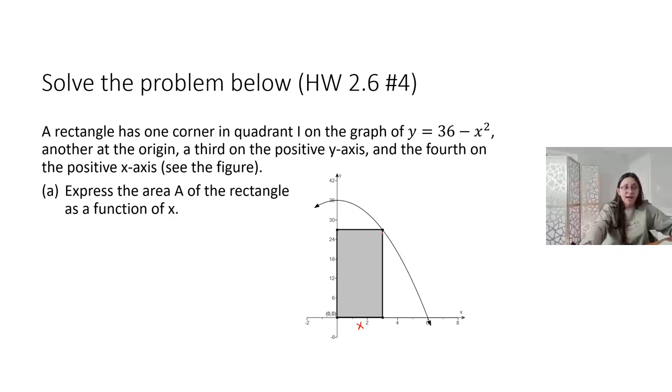The height of my rectangle is going to depend on where this point is, right? So if I slide this down, my height's going to change. My height is y. We want to give this formula for area in terms of x, though, so we're going to write y in terms of x. We know y is 36 minus x squared.